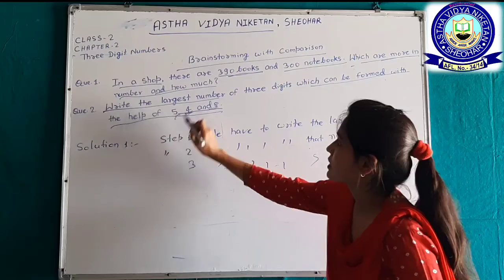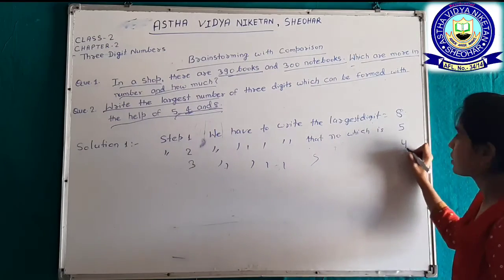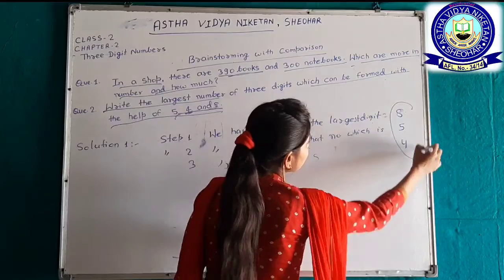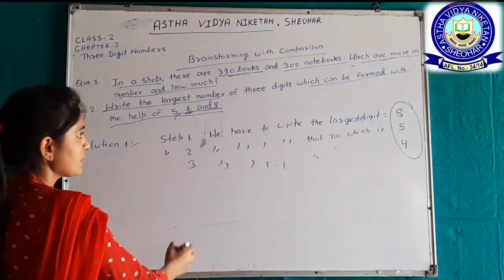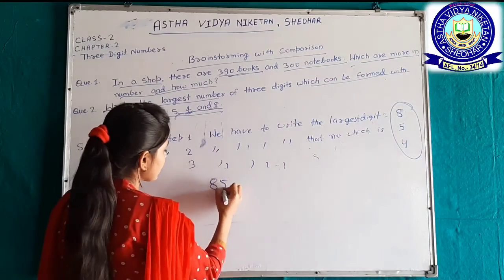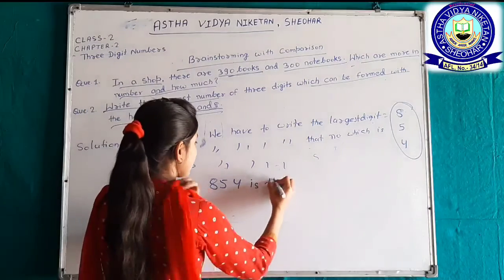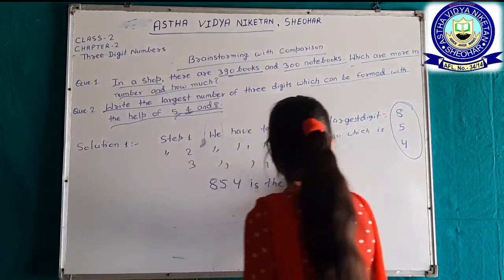The smallest number of this series is 4. Then we form a new number with the help of these 3 digits. 854 is the largest number.